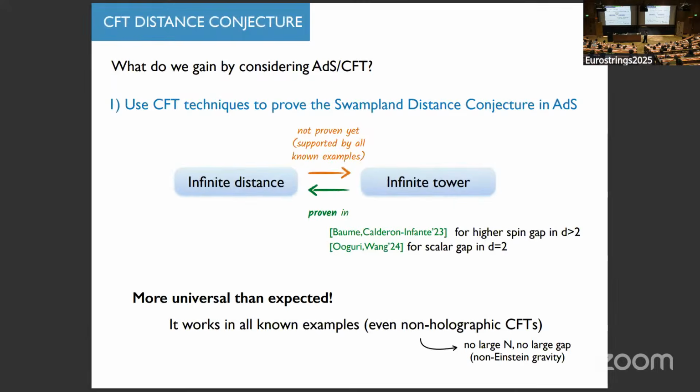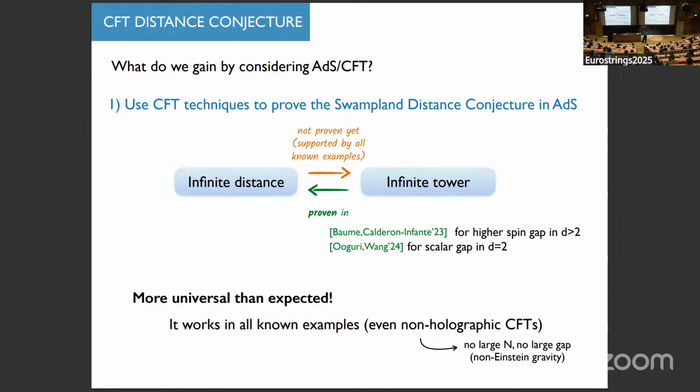I'm not going to talk more about this, but the message I want you to keep is that it was at least surprising to me that this seems to work in all examples. When I say all examples, I mean any CFT, local and unitary. I'm not requiring that it's a holographic CFT, in the sense that it has a large N and large gap.